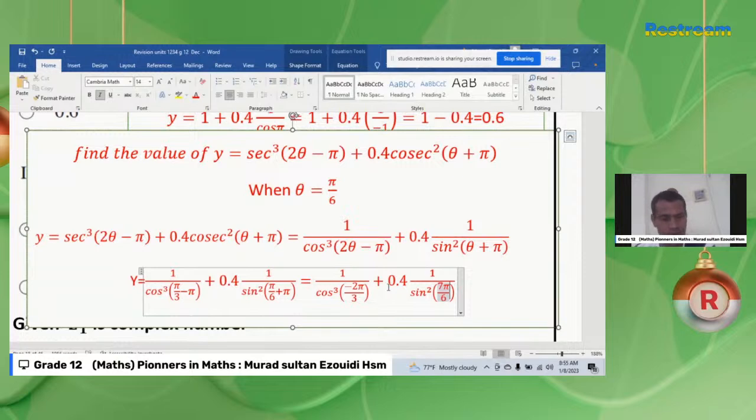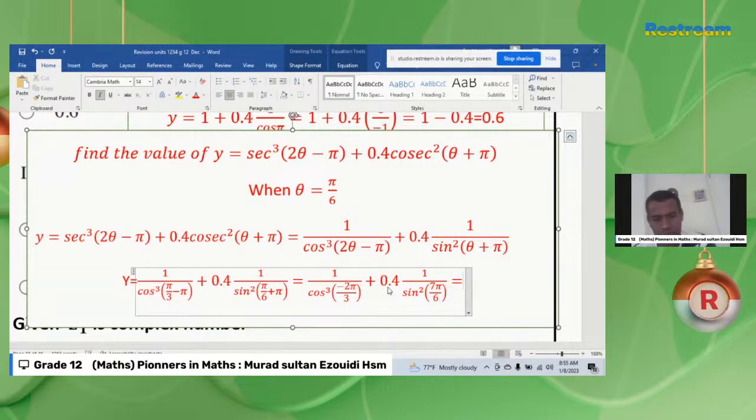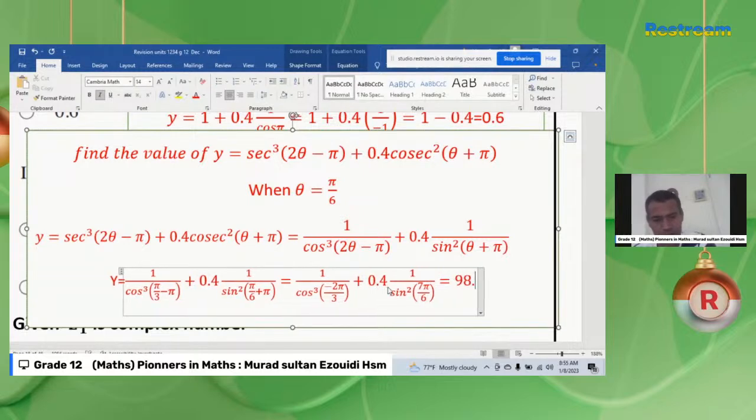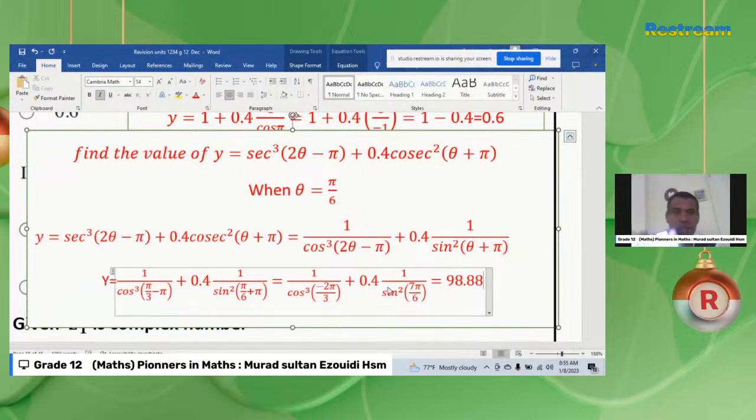So this one gives in fact equal 98.88. This is the answer.